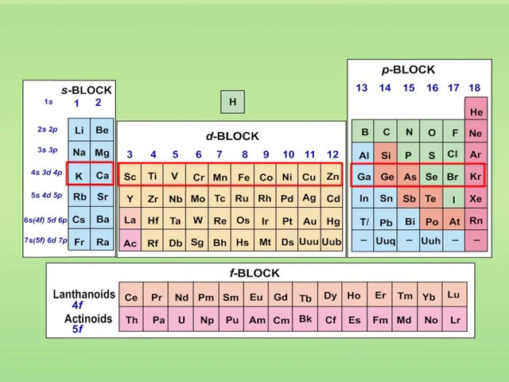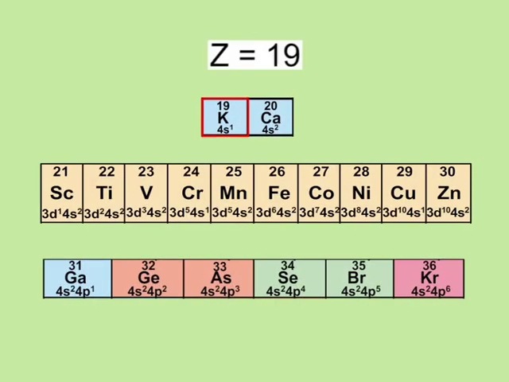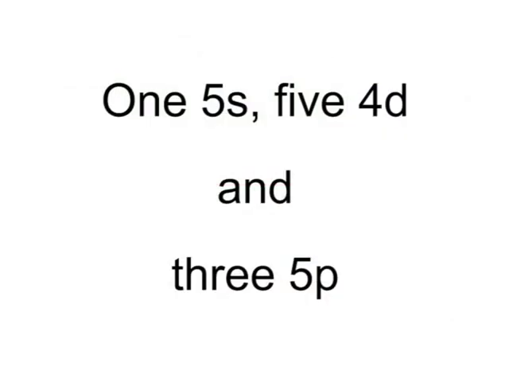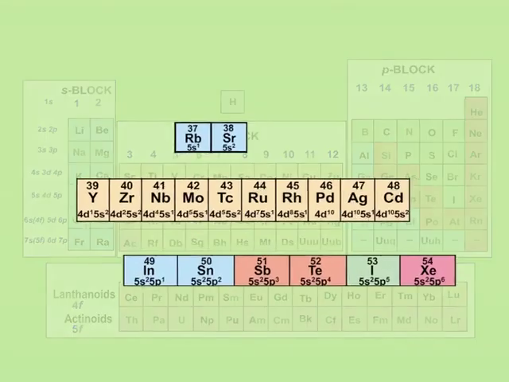Therefore, the fourth period contains 18 elements from potassium, that is Z equals to 19, to krypton, that is Z equals to 36. The fifth period, like the fourth period, also contains 18 elements, since only 9 orbitals, one 5s, five 4d and three 5p are available for filling with electrons.